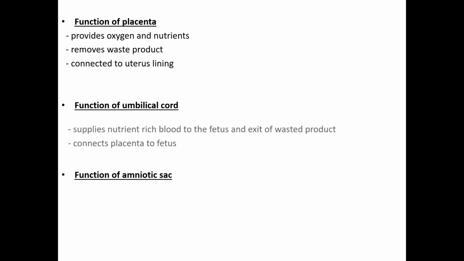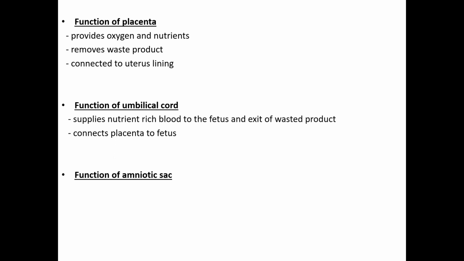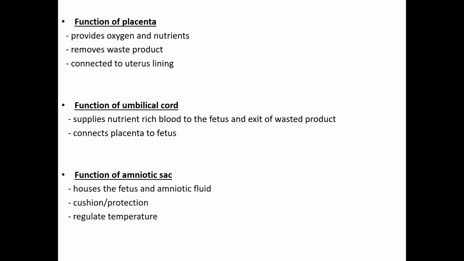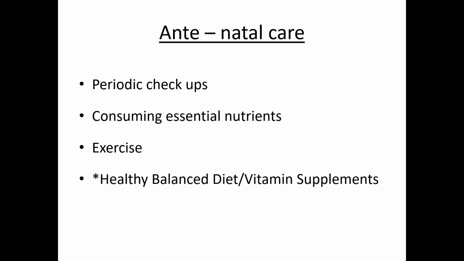The function of the umbilical cord is to supply nutrient-rich blood to the fetus and remove waste products, and it connects the placenta to the fetus. And the function of the amniotic sac is to house the fetus with the amniotic fluid, as protection, and to regulate the temperature inside the stomach.